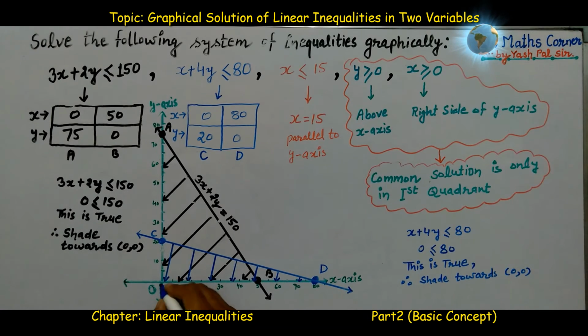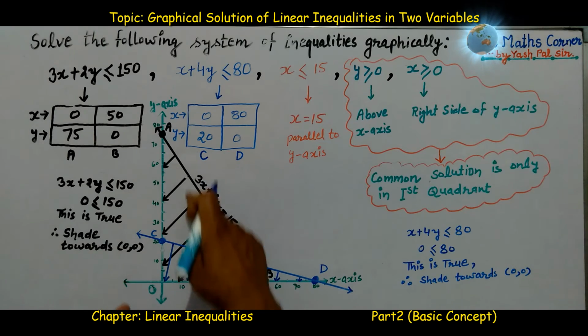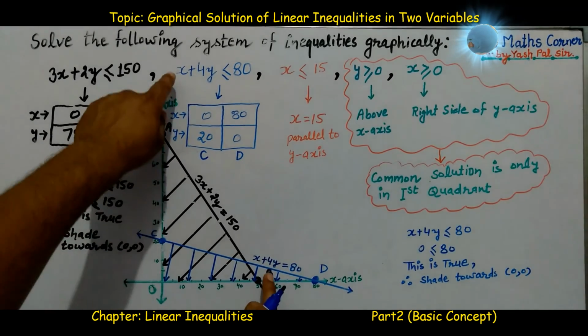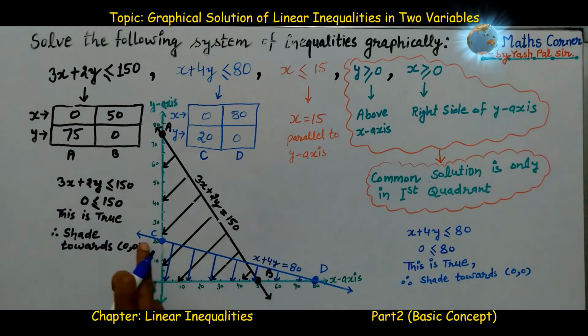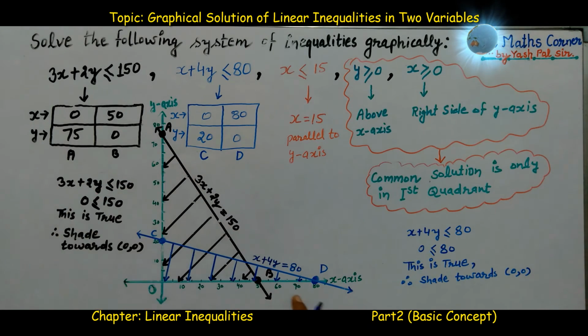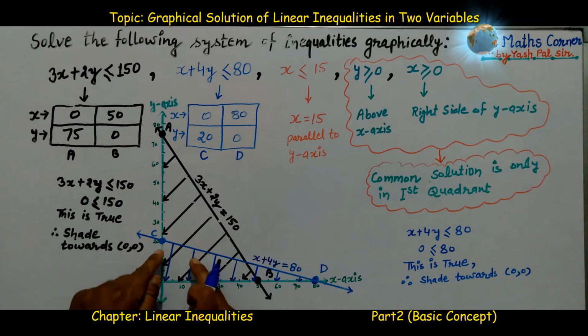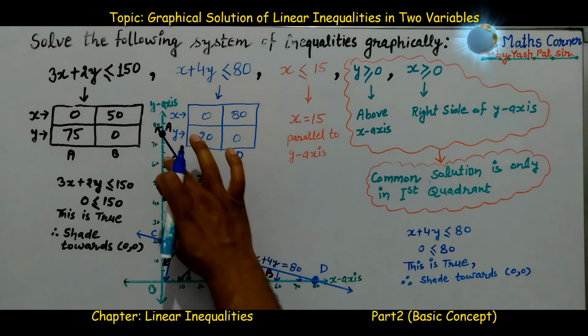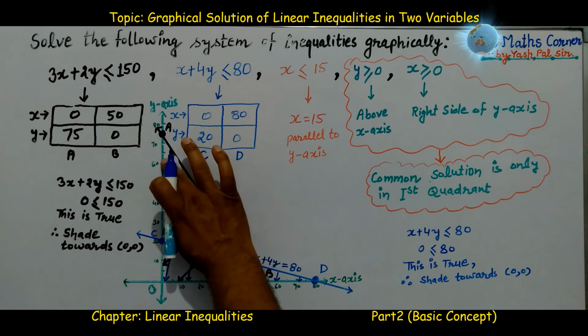Now, if we take two lines, first naming this line, x + 4y = 80, this straight line. Now what is the common solution of these two lines? Of course this portion is common, so we should erase these arrows.